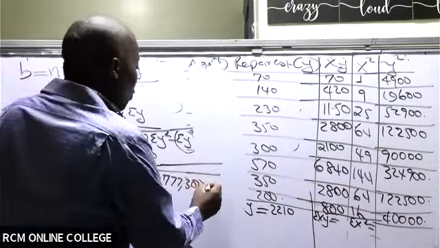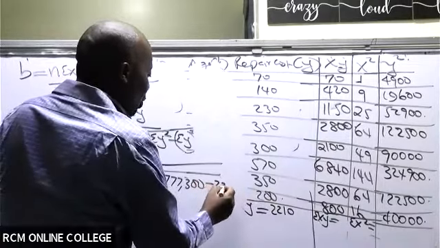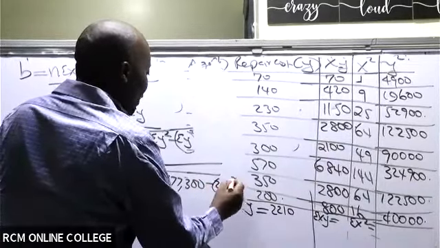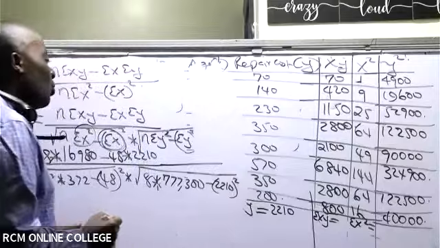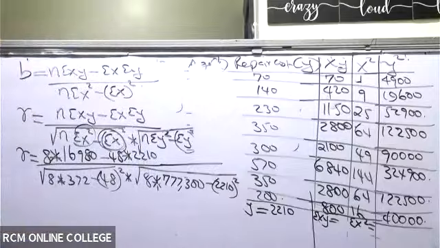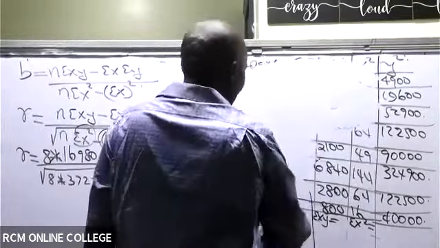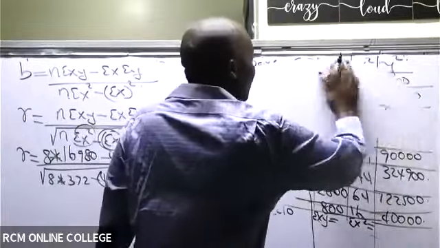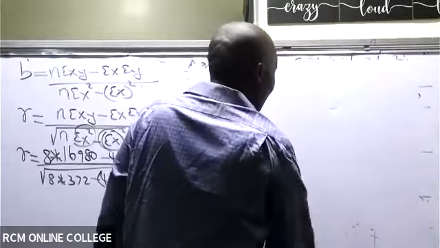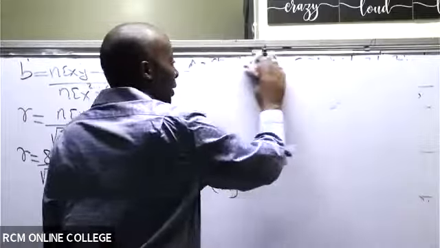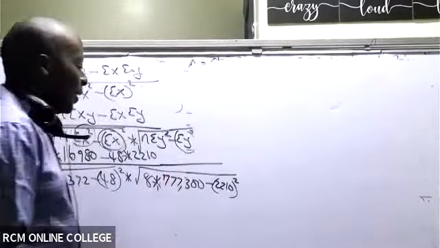Minus summation of y that I have here, 2210. Now you square this. It may look big, but trust me, it's very simple.